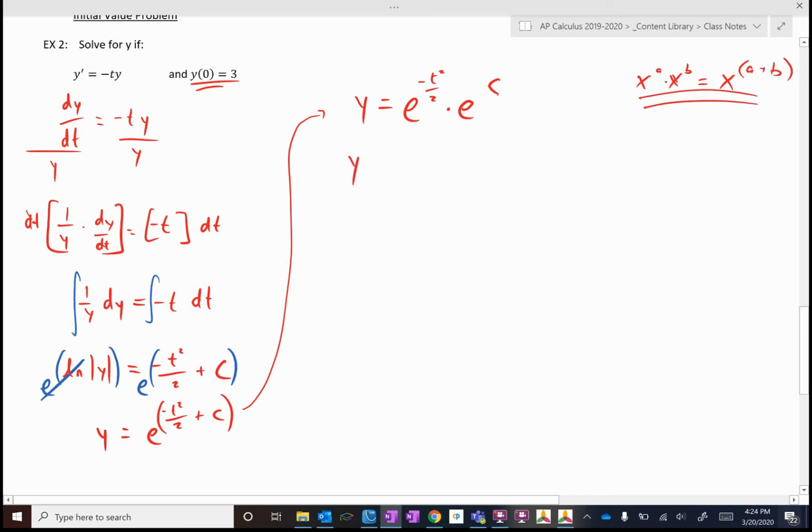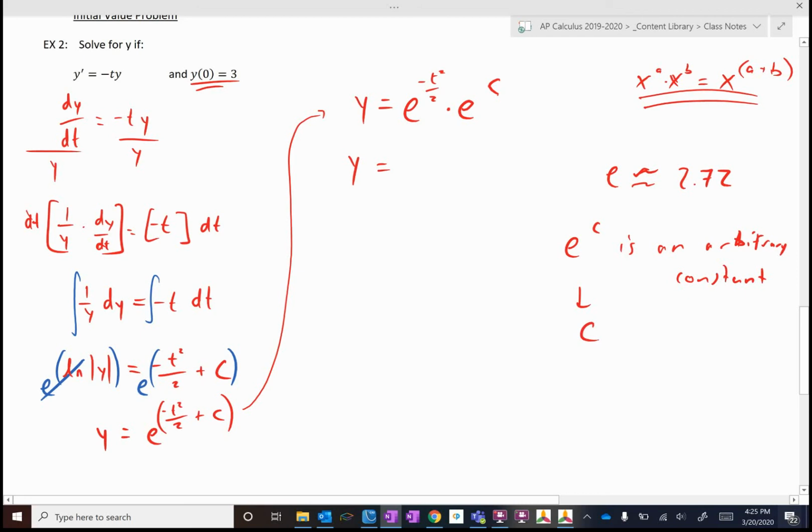But remember, e is a specific numerical constant, Euler's constant. So when I say e to the c, that is an arbitrary constant. So I really could just use c here.